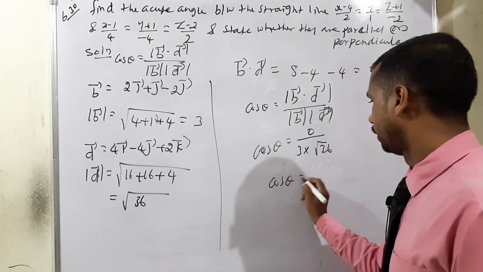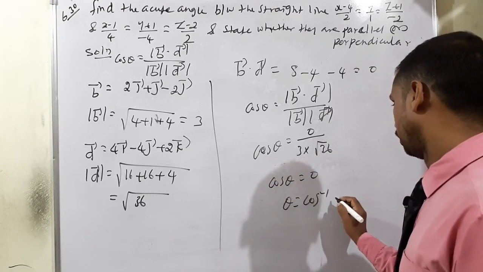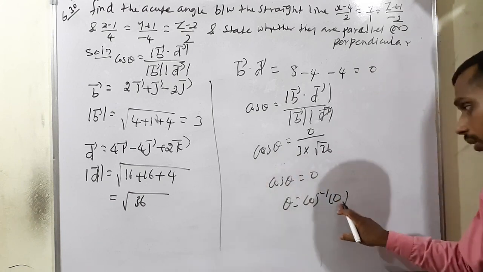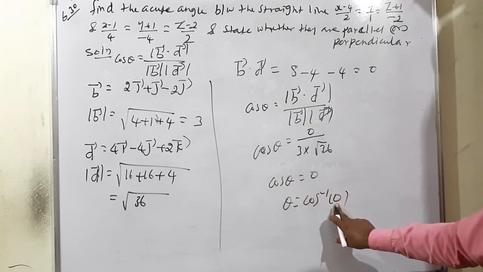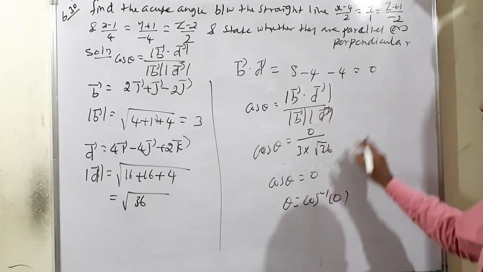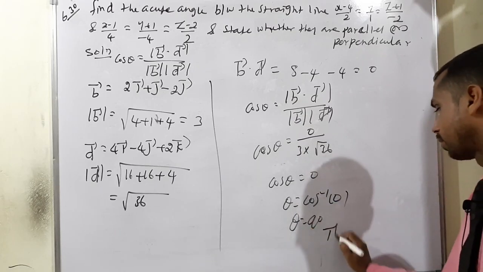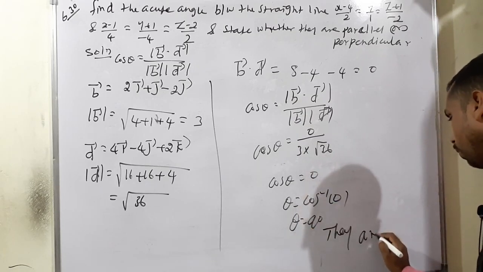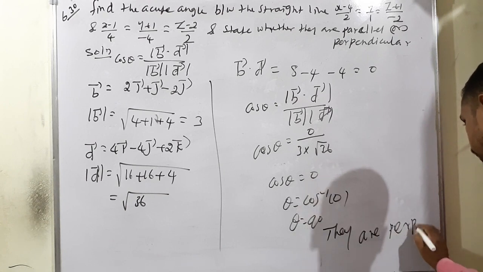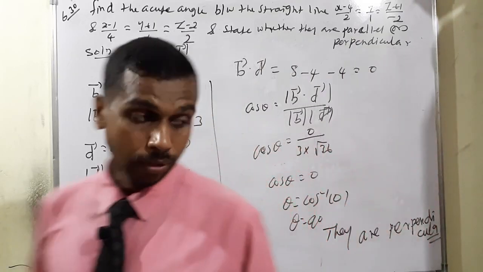Therefore, cos theta is equal to 0, so theta is equal to cos inverse 0. We know cos 0 is 1, but cos 90 is 0. Therefore, theta is equal to 90, which means they are perpendicular. Very carefully, this is one of the important questions.